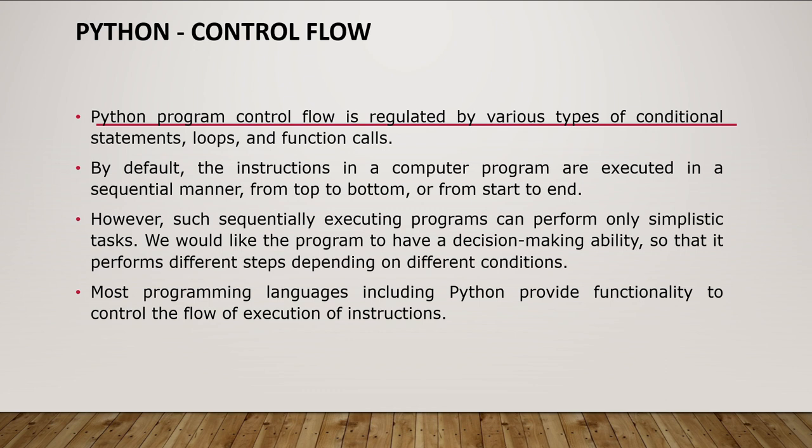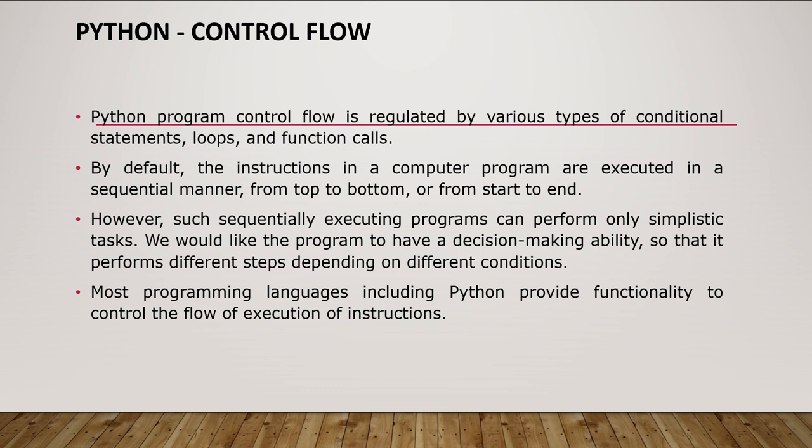Now, if I am using a control statement, these control or regulate the flow of execution of code based on various types of constructs. For example, these constructs can be conditional statements, loops, function calls, and when we use them, they help us to write code which is way more efficient as compared to the one which has sequential execution.